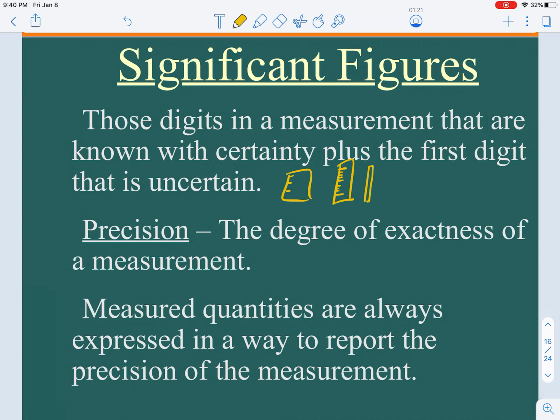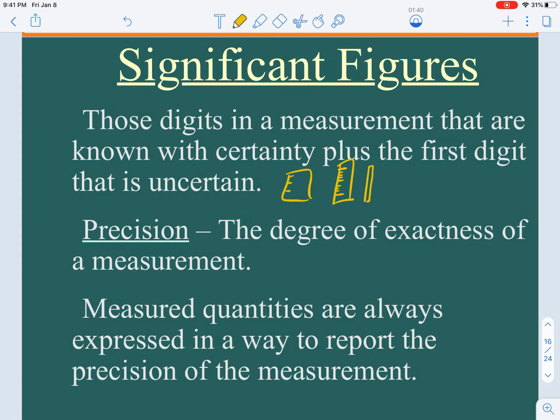And so if we compare taking a measurement from these two instruments, then using the graduated cylinder allows us to measure more precisely.